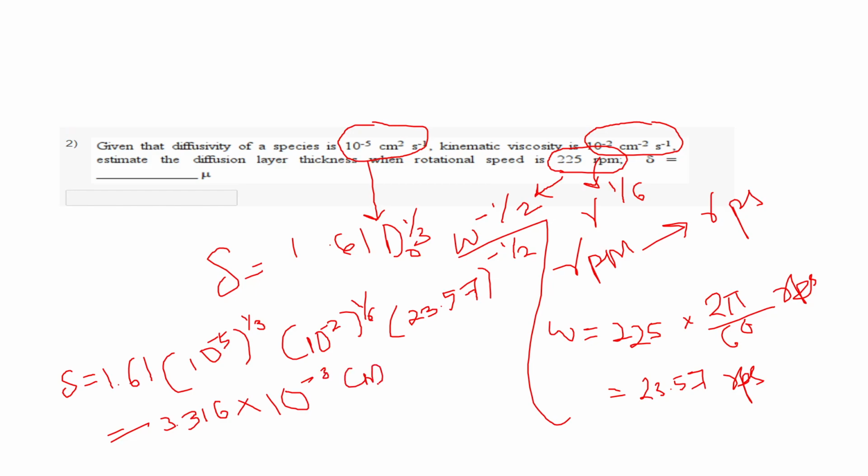When you convert it into micron, centimeter to millimeter is into 10, millimeter to micron is into 10 to the power 3, so totally into 10 to the power 4 you have to multiply. You get 33.16 micrometer. That is the answer.